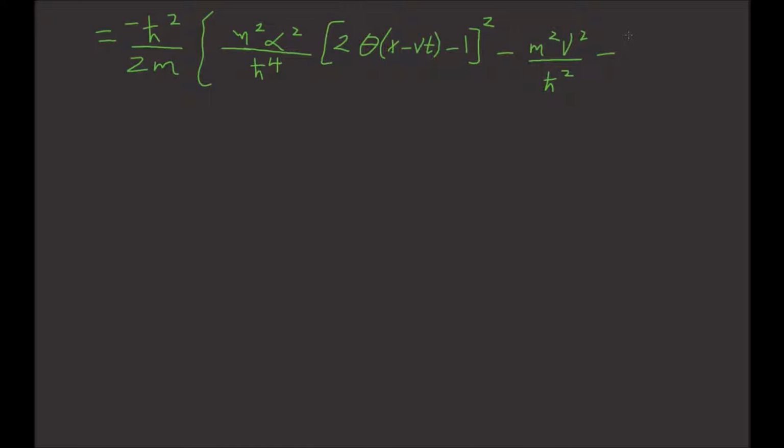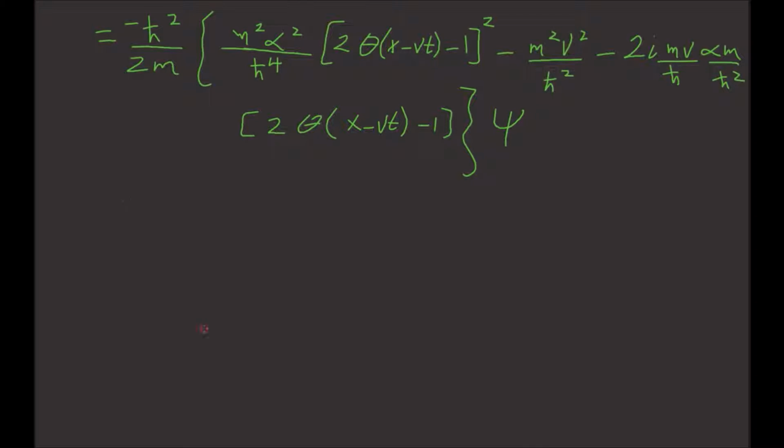Minus, oh no, this is the second term. Now the cross terms: we have 2 times i times mv divided by h bar times m alpha divided by h bar squared, or alpha m, times 2 times the step function theta of x minus vt minus 1, close curly bracket times psi.